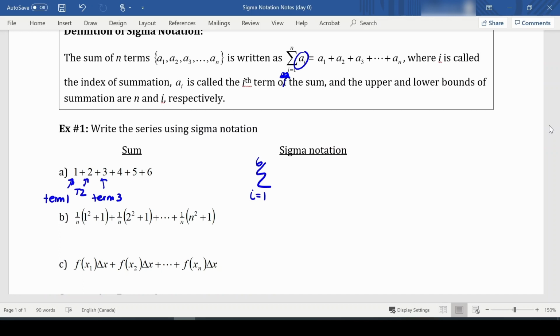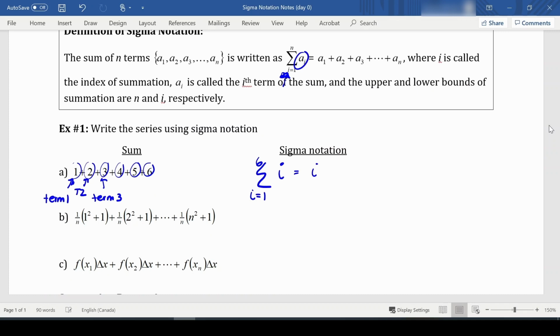Okay. And then inside the big E, we need to put the function that is represented by each of these terms. Okay. So I is your changing thing. If your terms are changing, something is changing. So the question is, what is changing here? Well, every time we're going up by 1, but so is our I. Our I is also going up by 1. So all we're summing together here is all of our different I values.